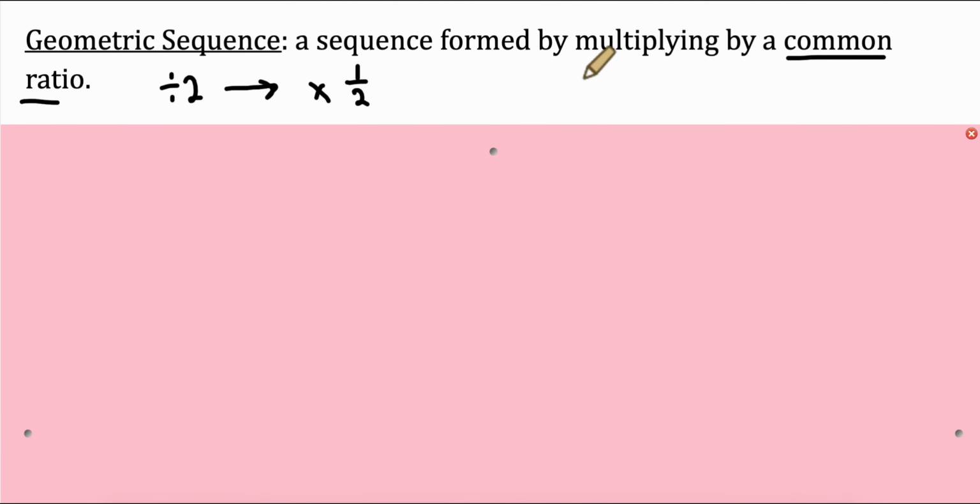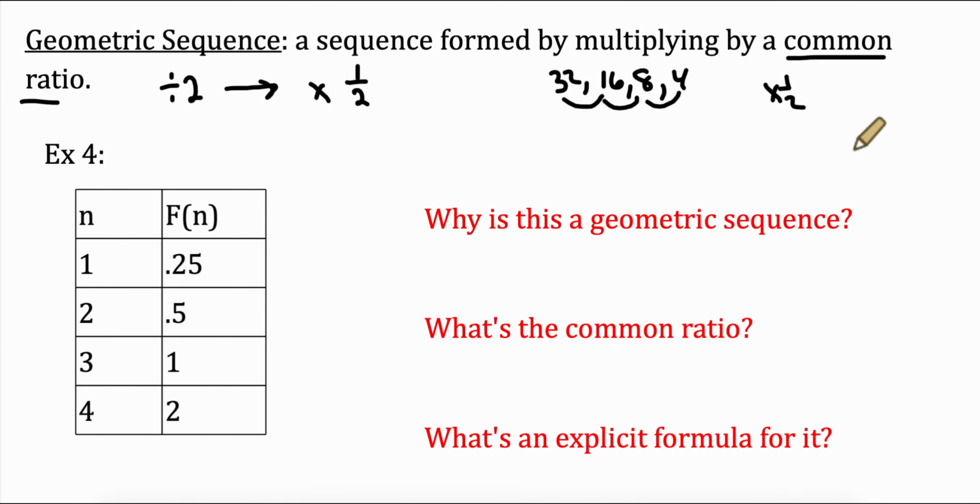So if I had a formula that was doing 32, 16, 8, 4, my common ratio would not be divide by 2. My common ratio would be multiplied by 1/2. All right? What I'd like you to do right now is pause the video and try to find and answer these questions right now.